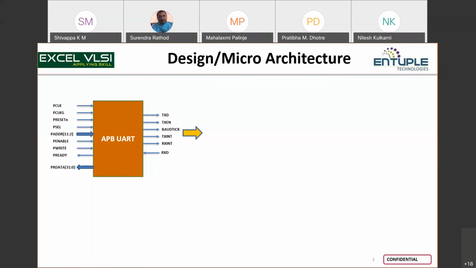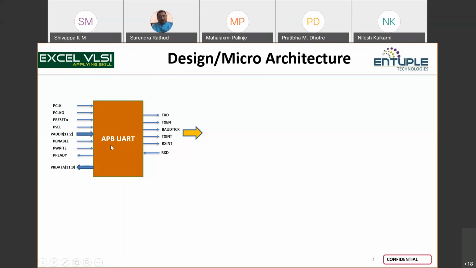I have taken one simple example of a bus-based UART, universal asynchronous receiver and transmitter, and APB is a bus protocol. Basically, we were looking at a memory interface, which has read, write signals, address, and data.